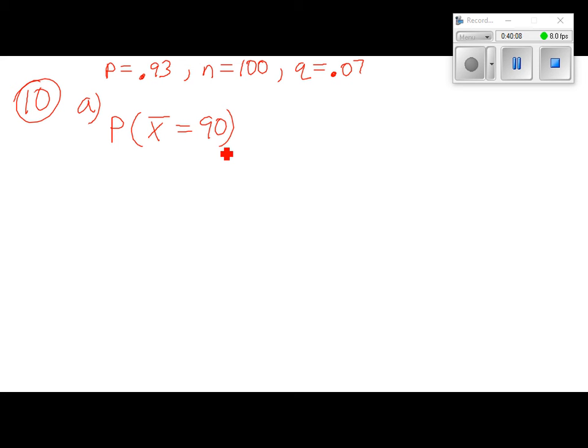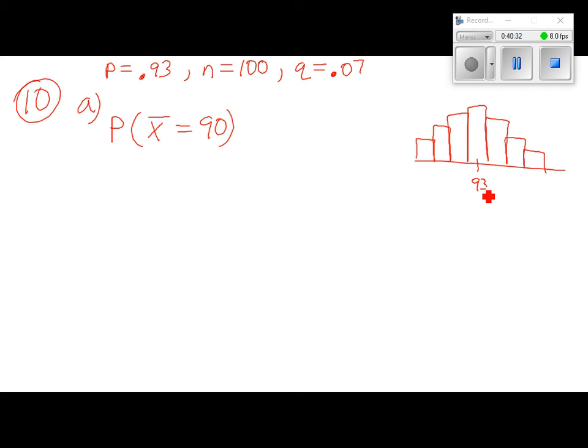We want exactly 90. Remember with this stuff, when we're doing the binomials, we're finding the area of that certain bar.